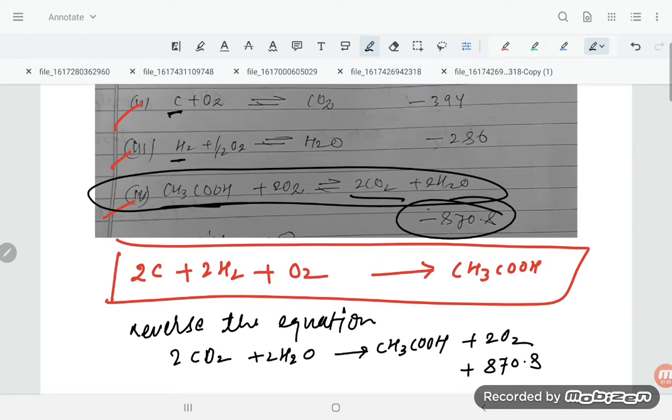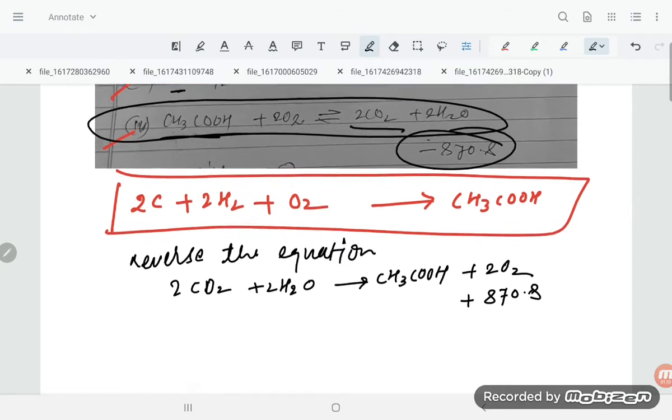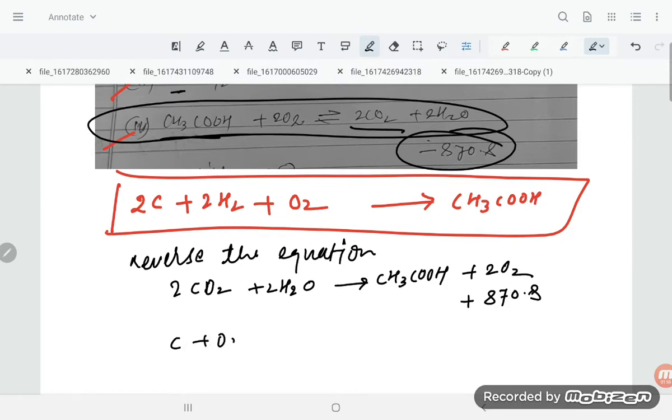Now let us come to the next one. Carbon is on the reactant side, so this one will be the same. C plus O2 gives CO2, and the enthalpy of formation is 394.